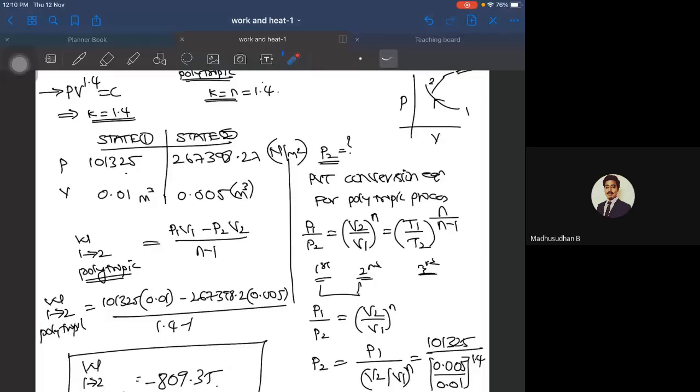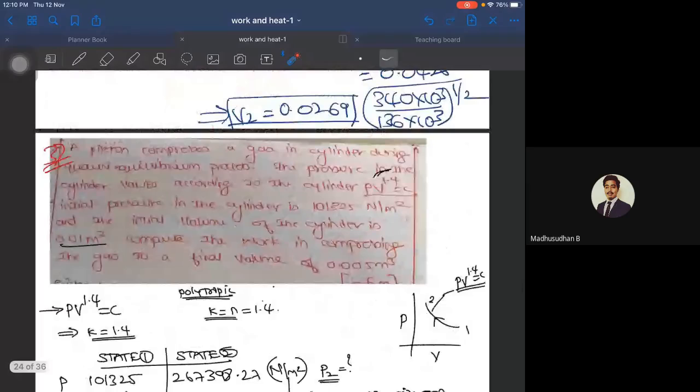Anish Pinto, you said it right, that it could be an adiabatic process, because the value of K here is 1.4. But the value of gamma equal to 1.4 is for atmospheric air.